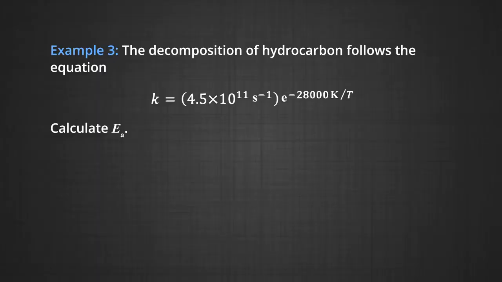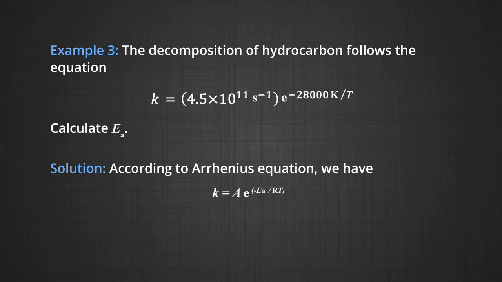Another example: the decomposition of a hydrocarbon follows the equation K is equal to 4.5 into 10 raised to power 11 per second, exponent minus 28000 K by T. Calculate activation energy. Now according to the Arrhenius equation, we have the expression K is equal to A exponent minus EA by RT.